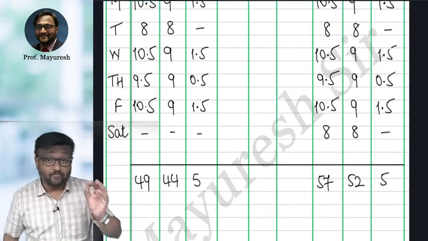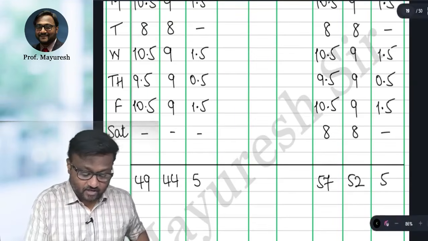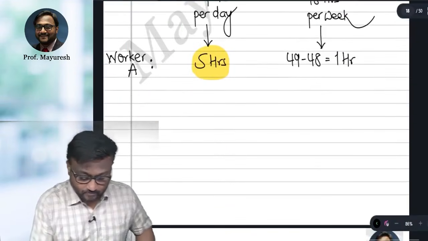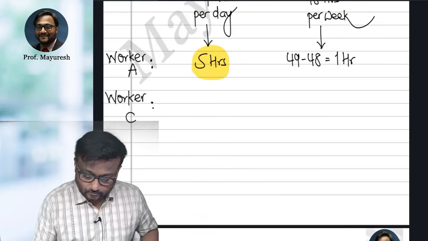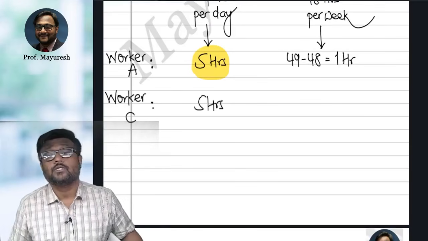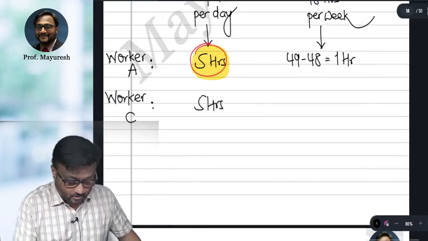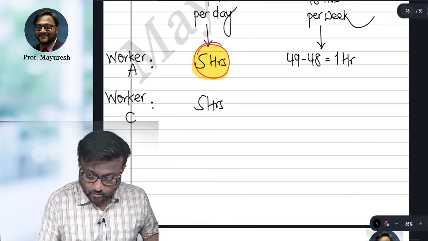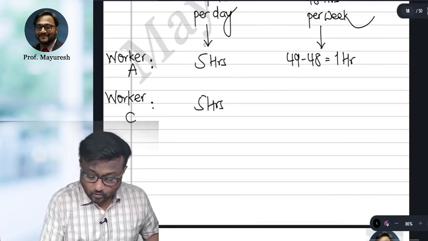Normal rate pay 52 hours, more than 9, 5 hours. So boss, if you talk about worker C, 5 hours is the time which is more than 9 hours. It is a concept of more than 9 hours. Did you understand?